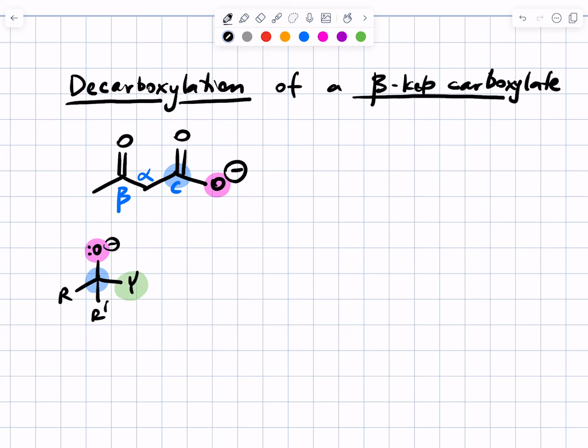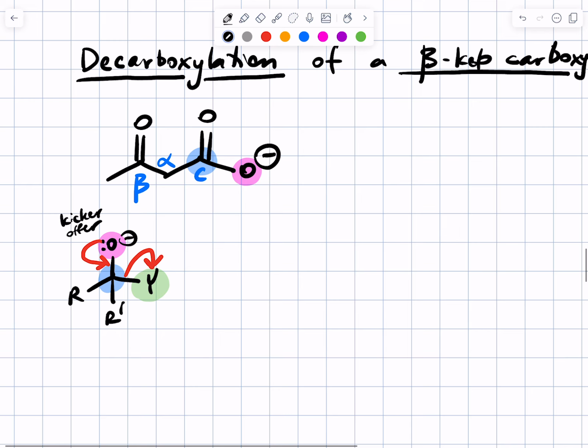And you've seen an elimination step where electrons on that negatively charged oxygen kick down and the leaving group leaves. And that pink oxygen is what I'm going to call the kicker offer. And when your kicker offer is adjacent to a leaving group, then electrons can kick down and the leaving group can leave.